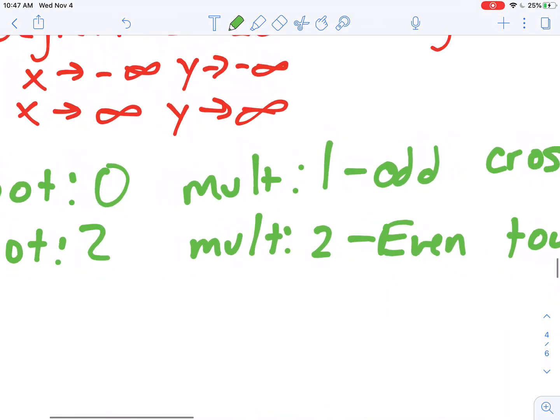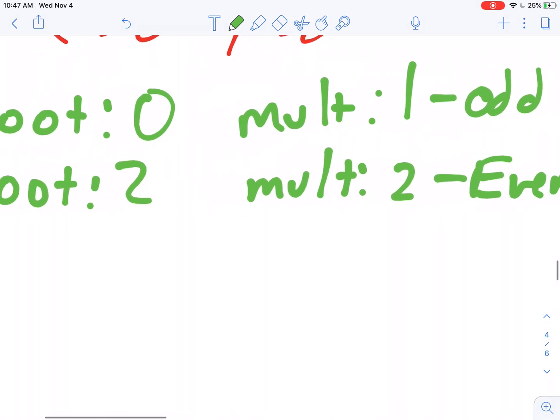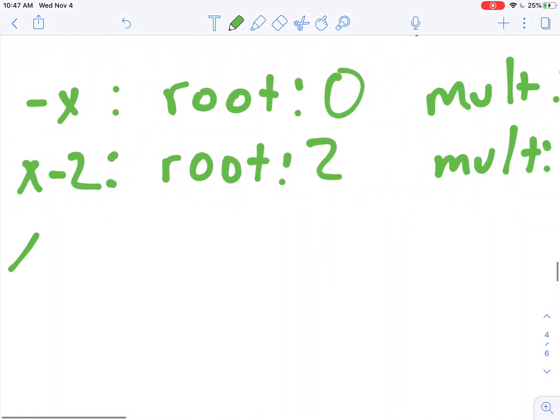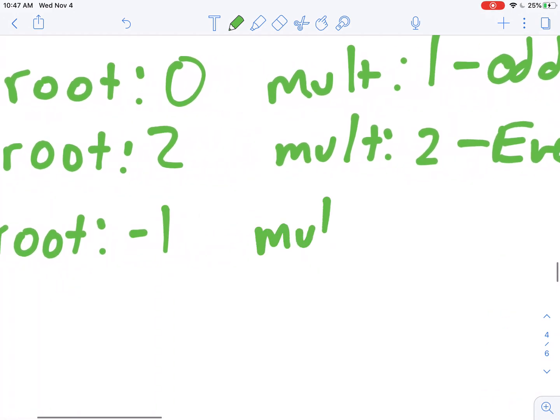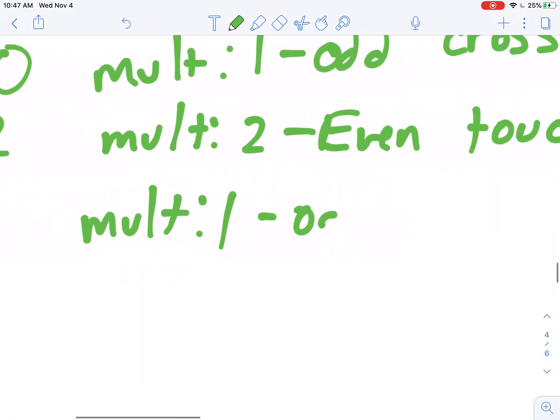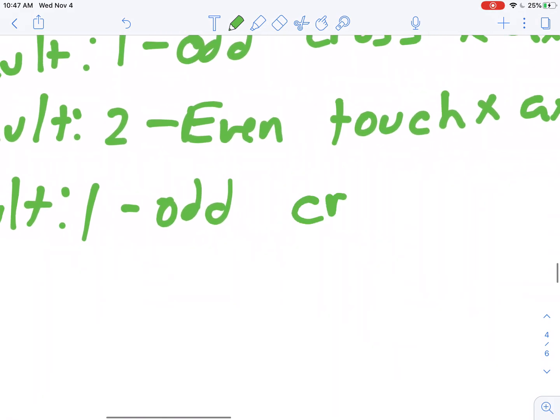And then I have x plus 1, so a root at negative 1 with a multiplicity of 1. This is odd. It will cross the x-axis.